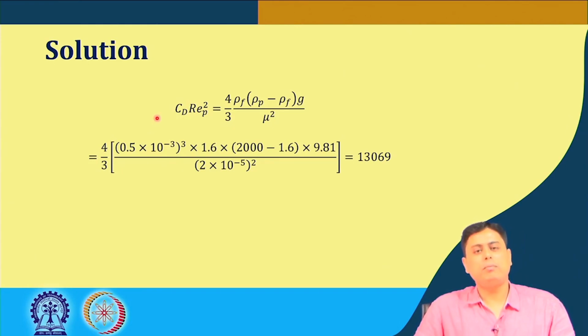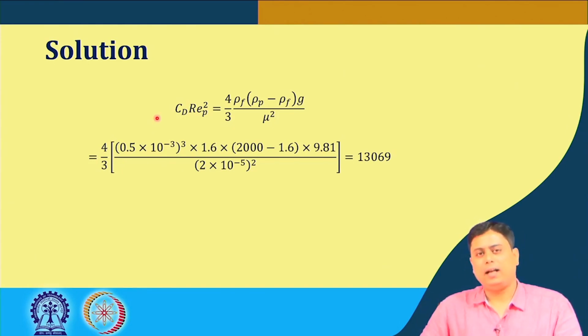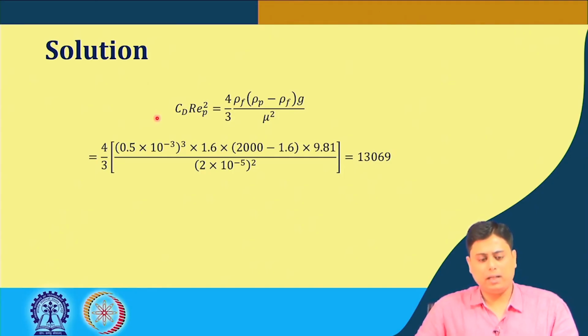So remember this summary: for an unknown particle diameter, we find the quantity independent of diameter, which is CD by REP, and CD REP square when the terminal velocity is unknown.